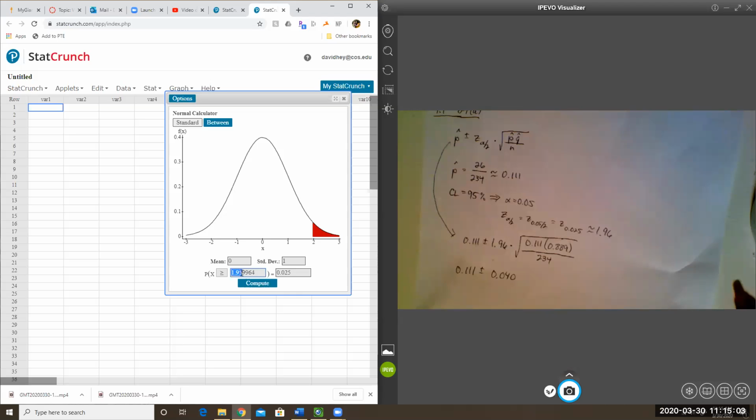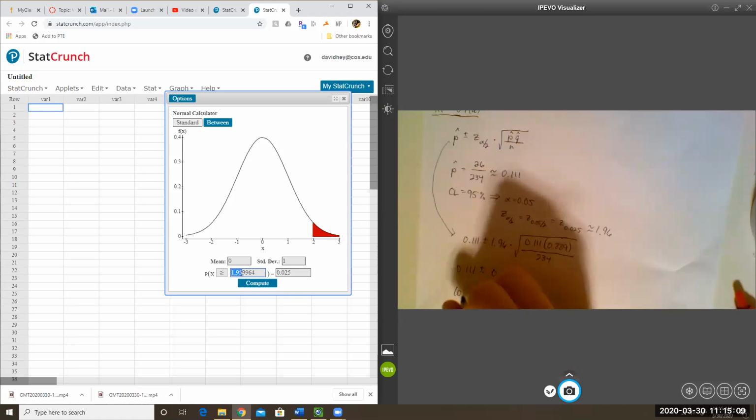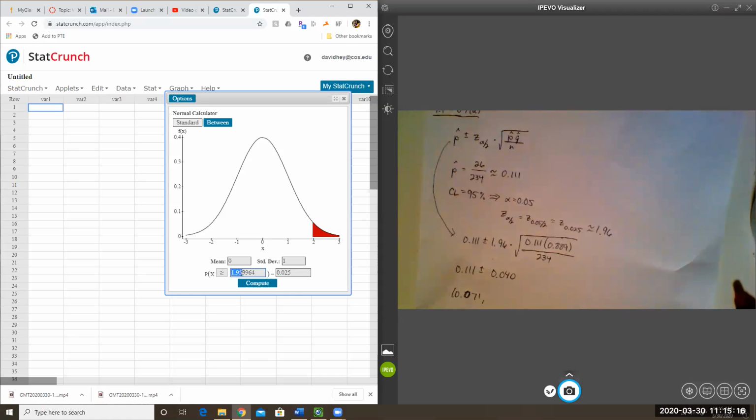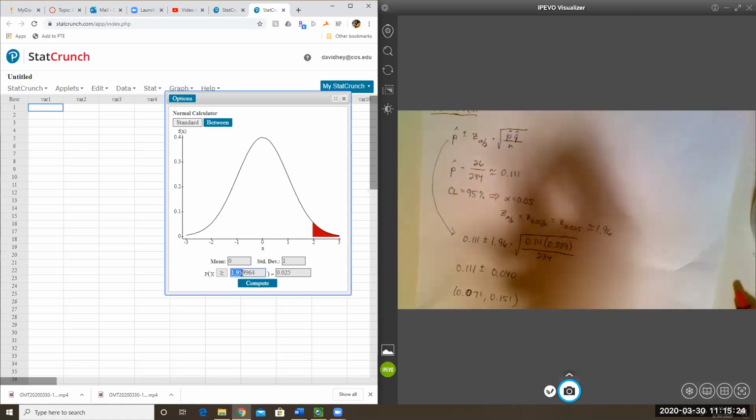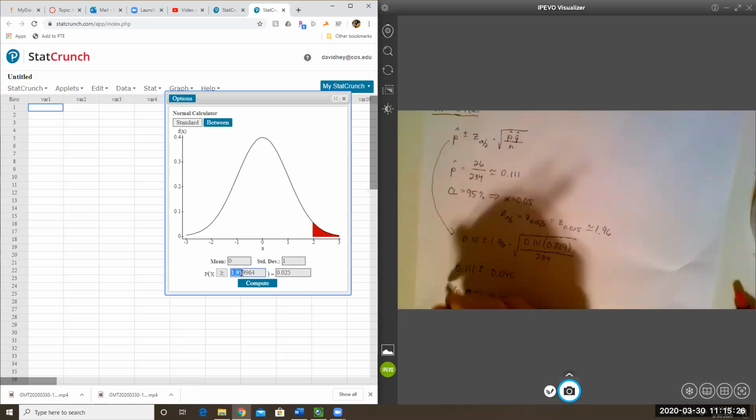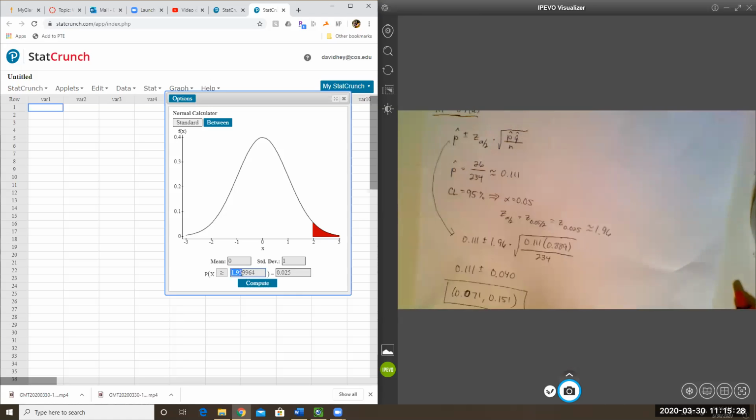And then I do the subtraction and the addition. So 0.111 minus 0.04 is 0.071, and 0.111 plus 0.04 is 0.151. So there's our 95% confidence interval if I were doing this by hand.